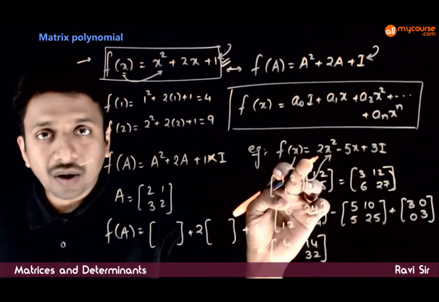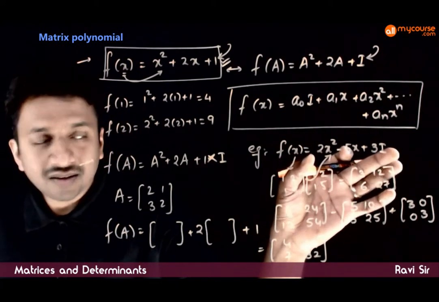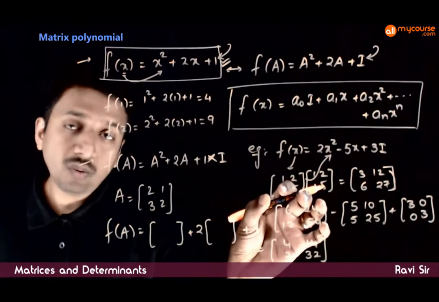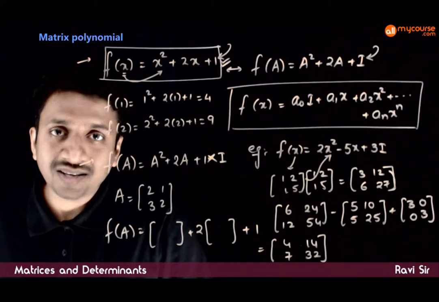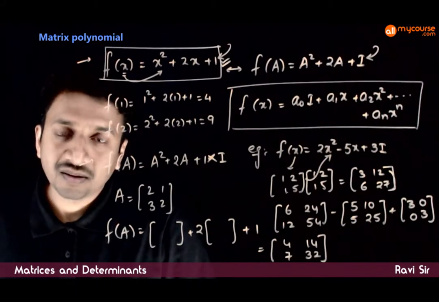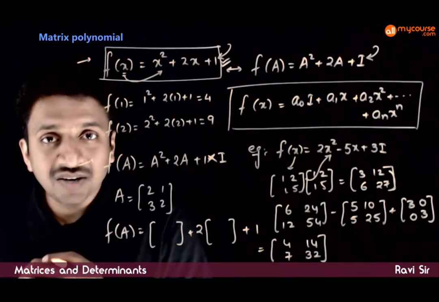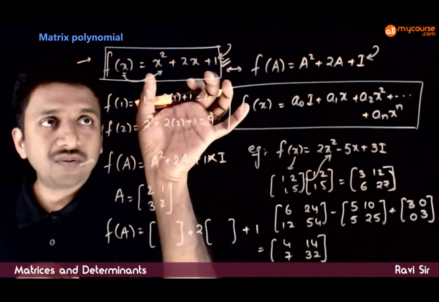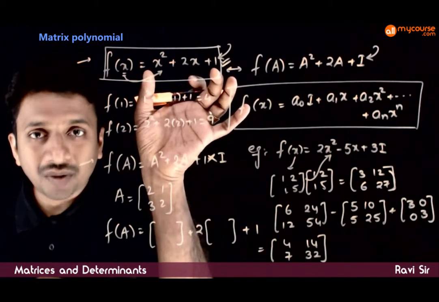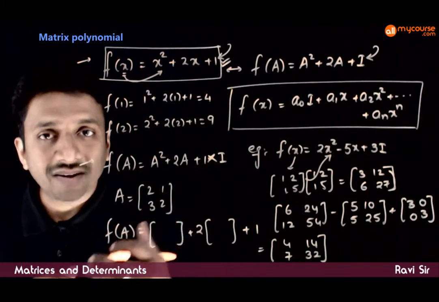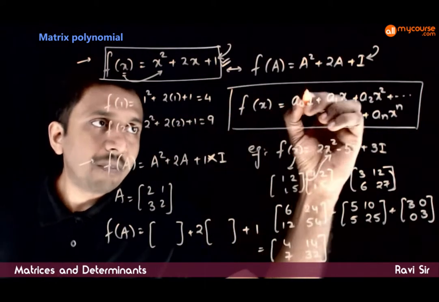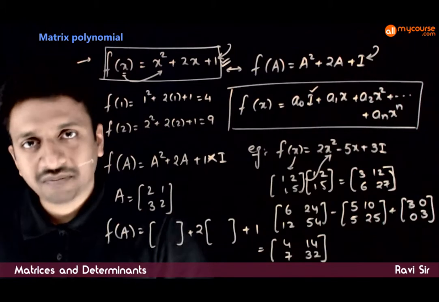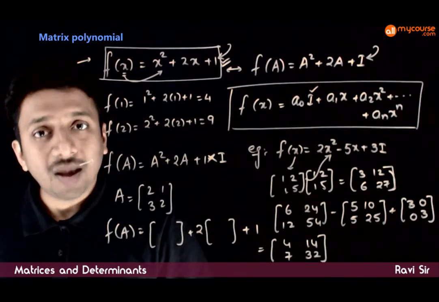So the value of this polynomial for the matrix 1, 2, 1, 5 is the matrix 4, 14, 7, 32. The important thing to understand here is that when you convert a polynomial into a corresponding matrix polynomial, the constant term has to be multiplied with I of appropriate order.